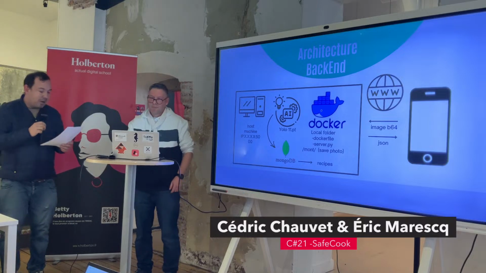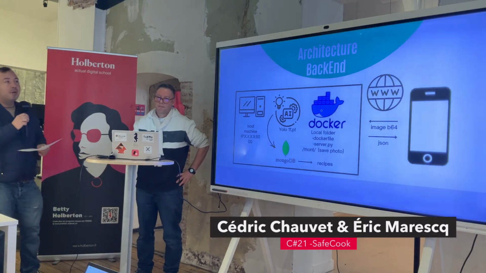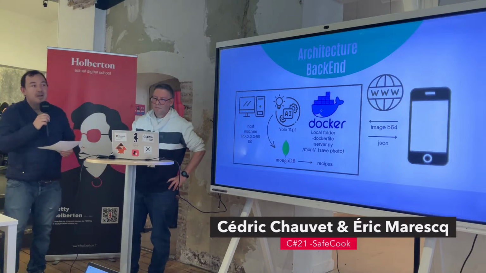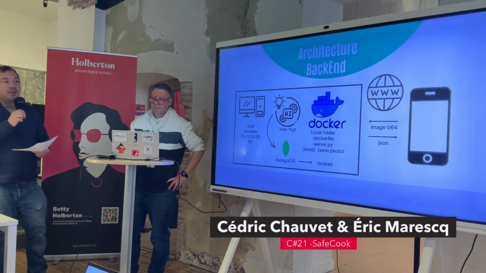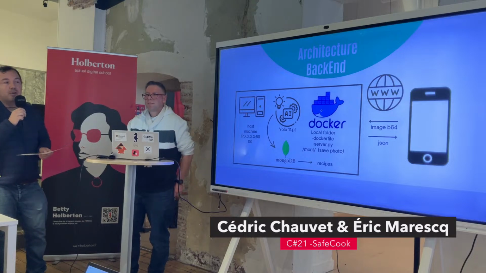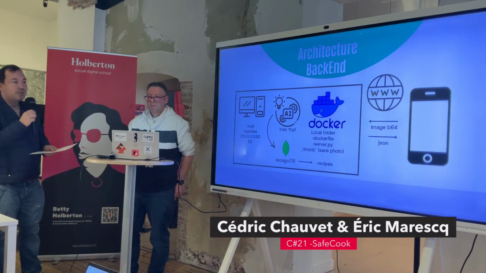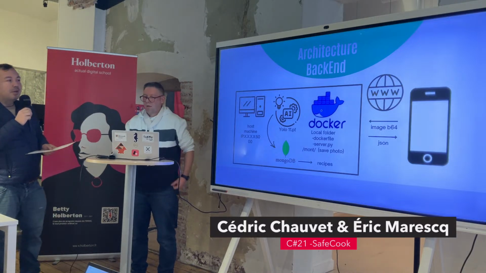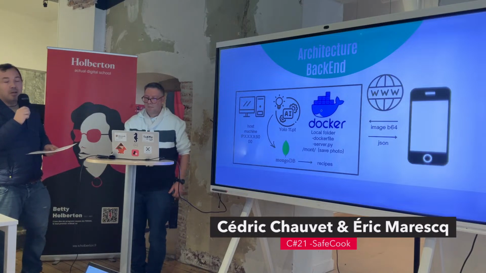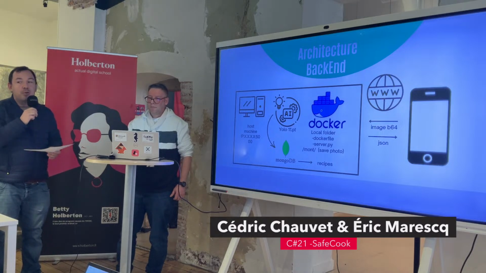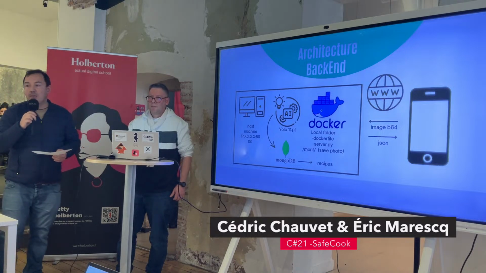So, let's look at the backend architecture, because it's where the magic happens. The challenge of this application is to work with a mobile phone. The mobile phone sends an image through the web to the host machine. Inside the host machine, we have a Dockerized server for the deployment.